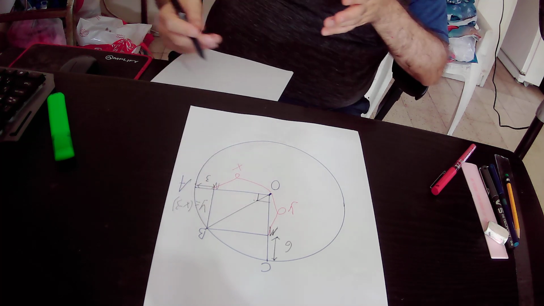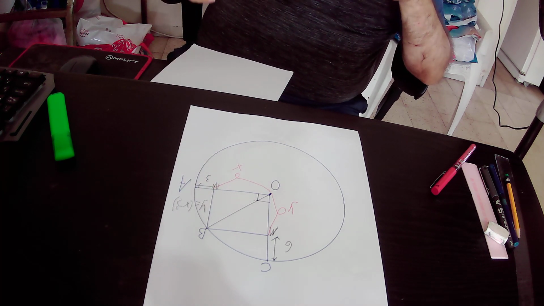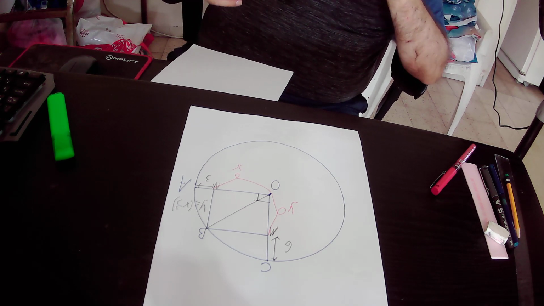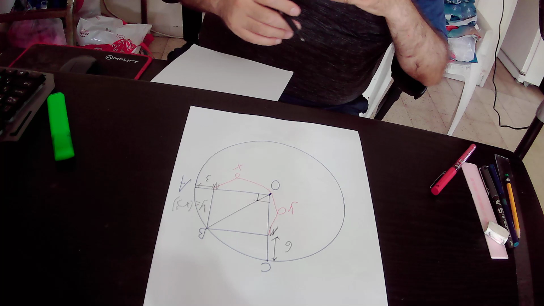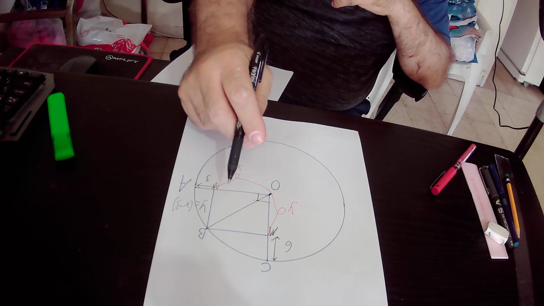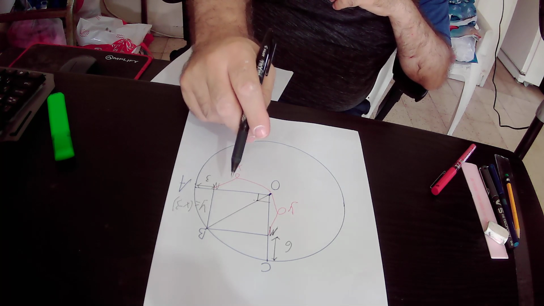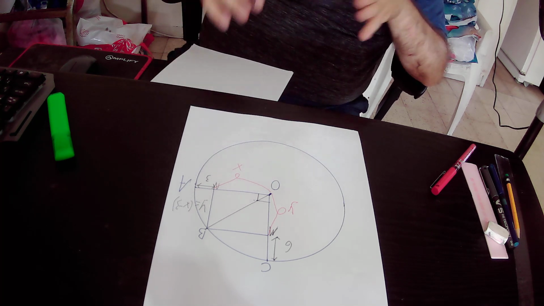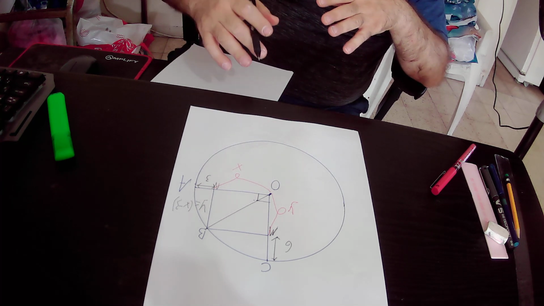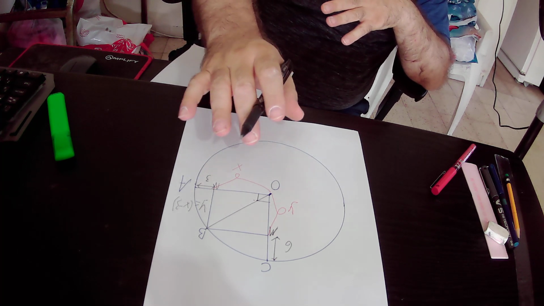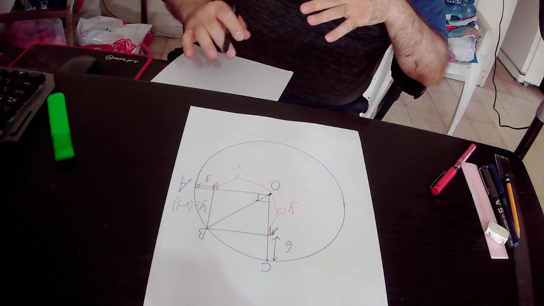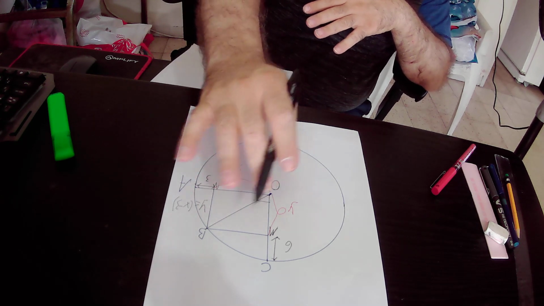It satisfies the definition of a radius of the circle: any line segment that starts from the center of the circle and ends at any point on the circle itself. For that reason, line segment OB is the radius of this circle.